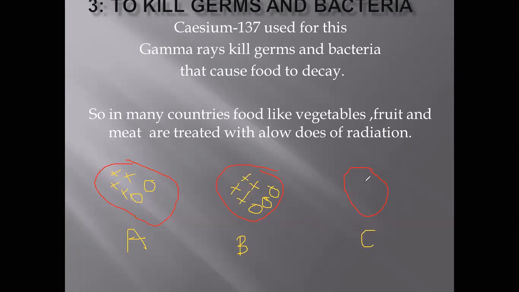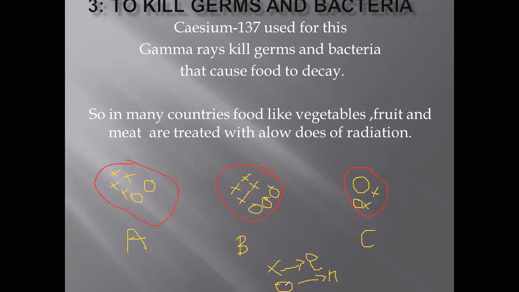The third one I have like that. X refers to proton, and the circle is neutron.